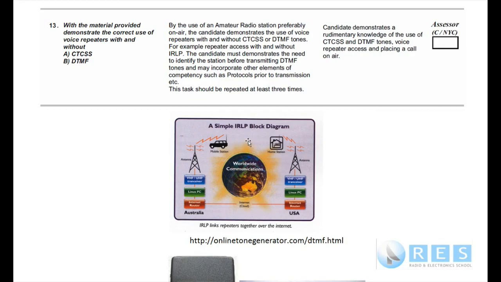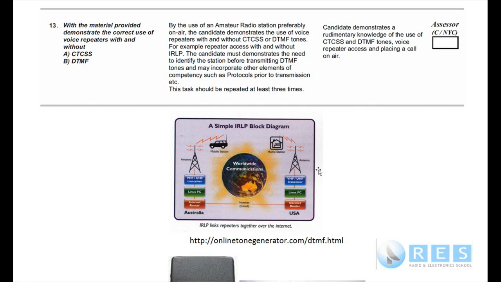Now, the way they did that is they had to transmit DTMF tones, audible tones, to the repeater, and the repeater interpreted those tones and connected the 2 repeaters together in Australia and USA. When they're finished, they'll transmit some further DTMF audio tones, and the connection between the 2 repeaters will be dropped.